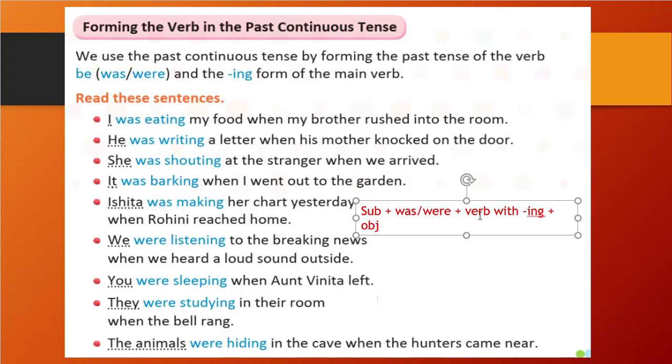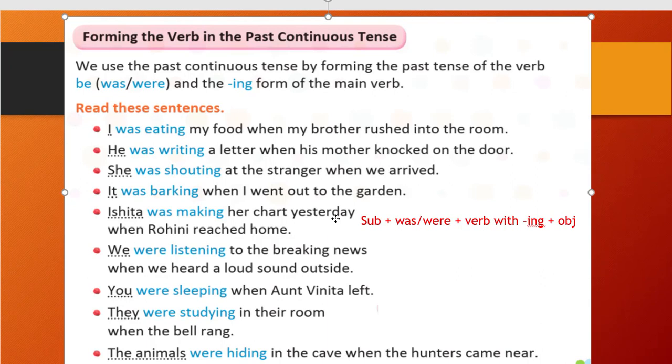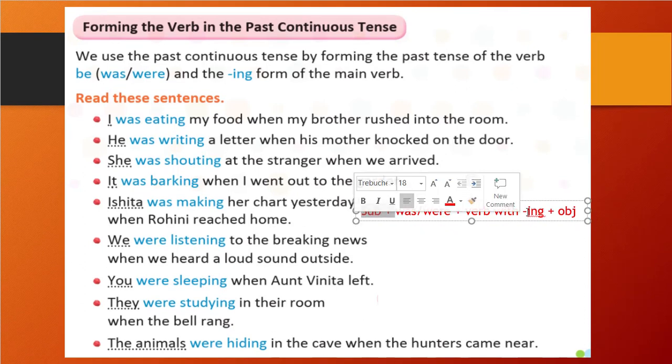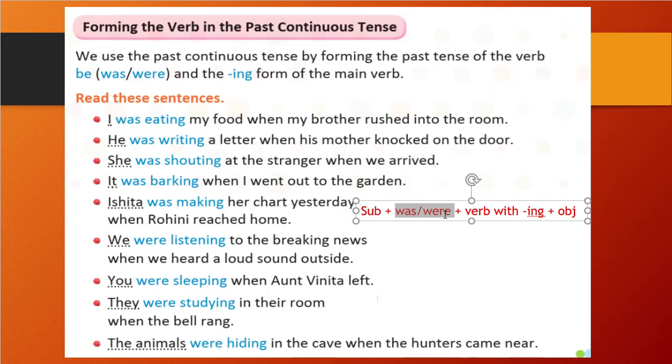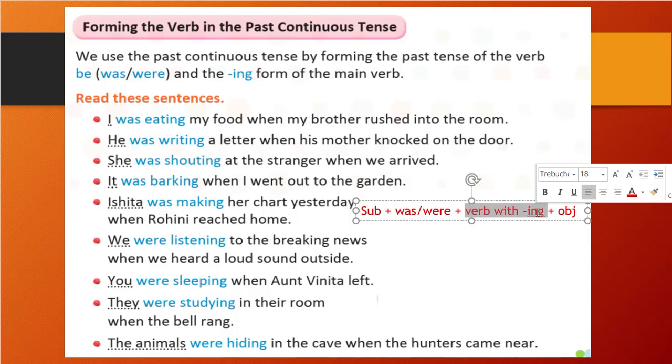Sorry, first we will write the subject. Subject and object are not that important. We will write them first and last. But the main thing is, we will write the be word, was and were for past tense, and we will write the verb with ing. That is important.